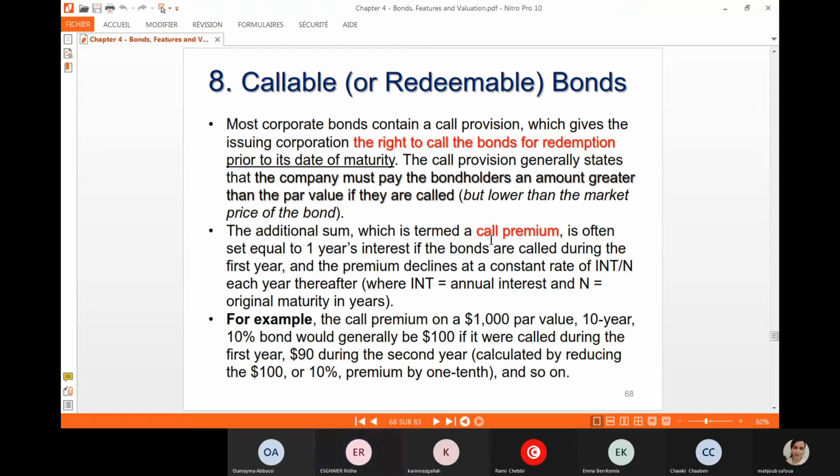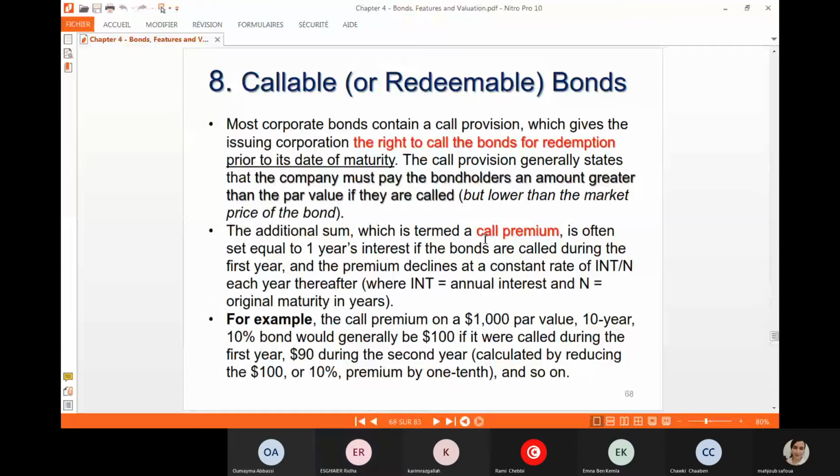Here, since the market interest rates fluctuate, the required yield to maturity on the bonds may fluctuate over time.